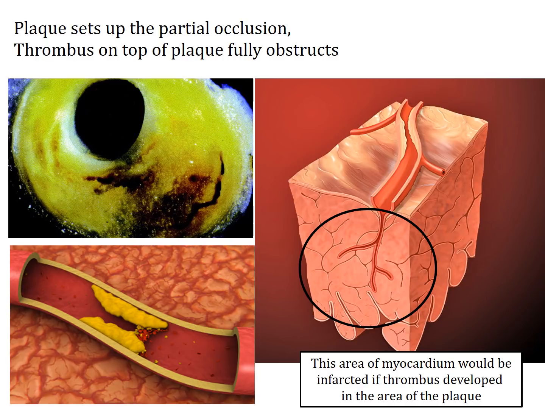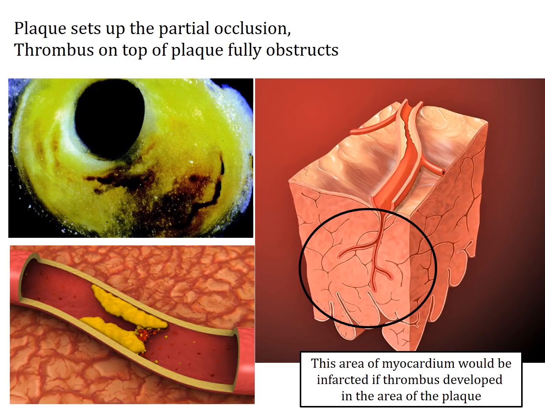If that starts to hemorrhage, and that hemorrhage breaks all the way to the endothelium, remember what starts the clotting process in the blood vessel? It's damage of the endothelium. So damage of the endothelium due to the rupture of that plaque, then we'll start adding thrombus, blood clot on top of the plaque, and that blood clot on top of the plaque can fully obstruct that vessel.